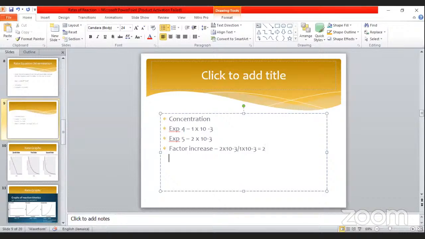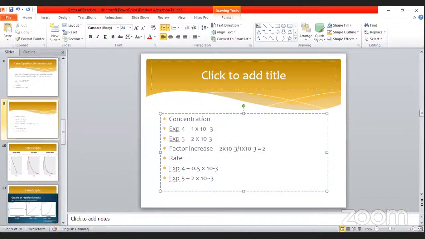We will then look at rate, as given in the data table. For experiment 4, if I'm remembering correctly, it was 0.5 times 10 to the minus 3. And for experiment 5, it was 2 times 10 to the minus 3. All right.